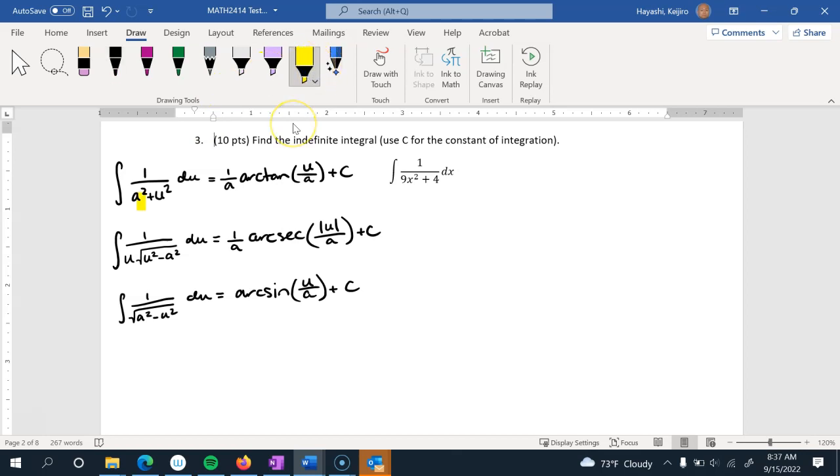Okay, now of these, it looks like this is the one being used here. Let me write this u squared plus a squared. So if a squared is 4, that means a is 2.